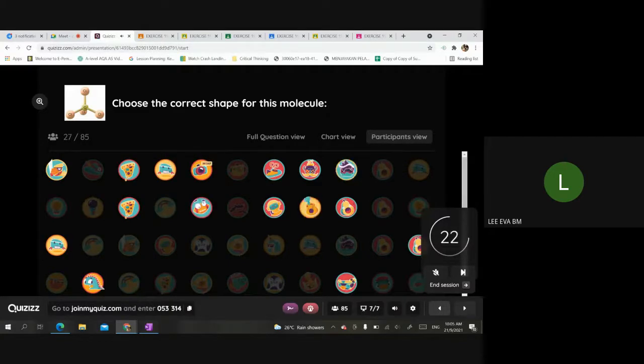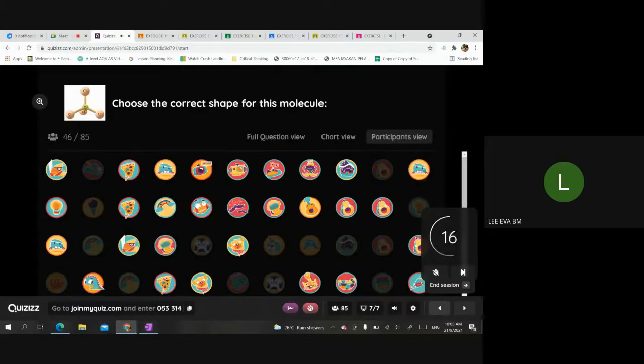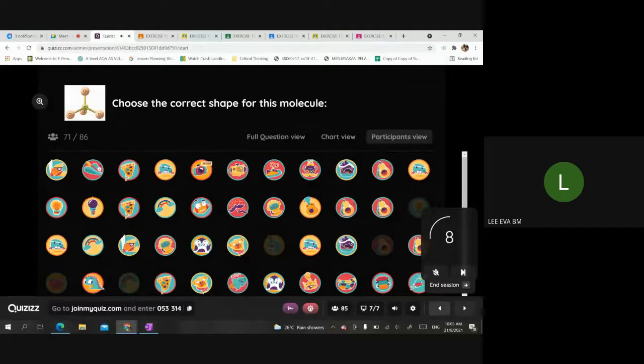CCl4 ada 4 Cl, ada satu Cl dekat belakang. So ini shape apa? Kalau semua surrounding atom ada tanpa lone pair, yang ini molecular shape sama dengan electron group arrangement.